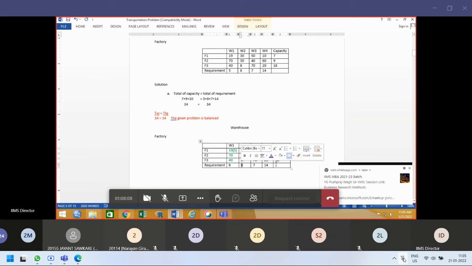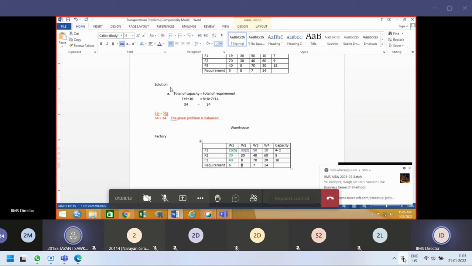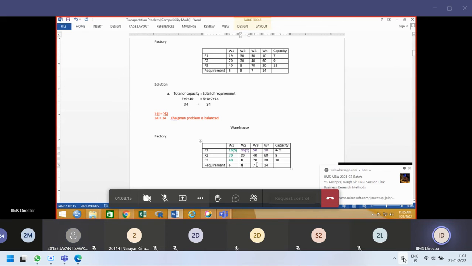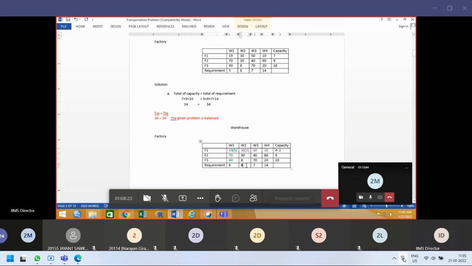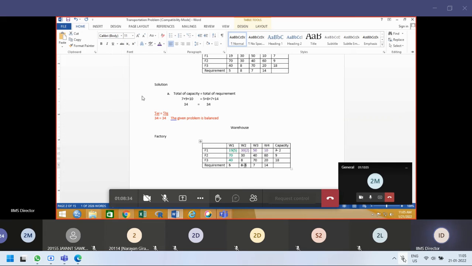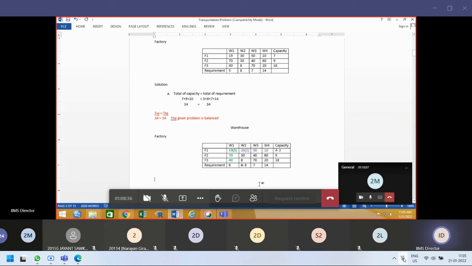How much space remains? 6 tons of material I can still store in this warehouse, right? You have to cross 8 and the new value, 6, we have to add. Okay, chalo, next. Is it clear?